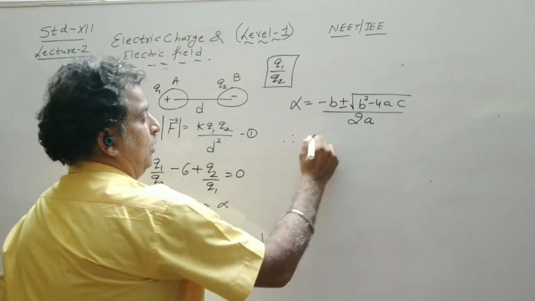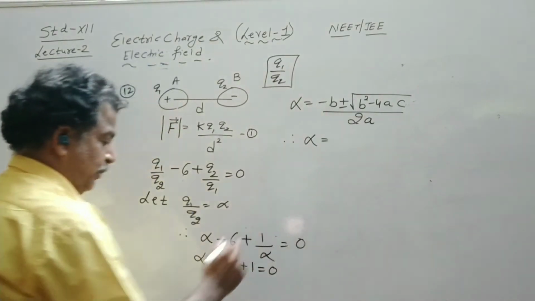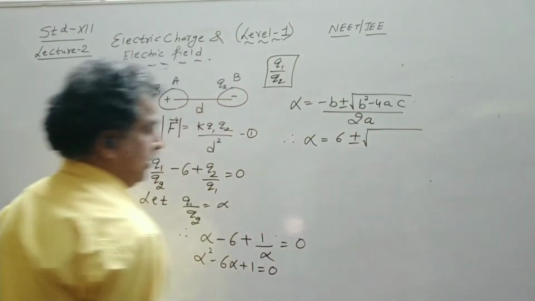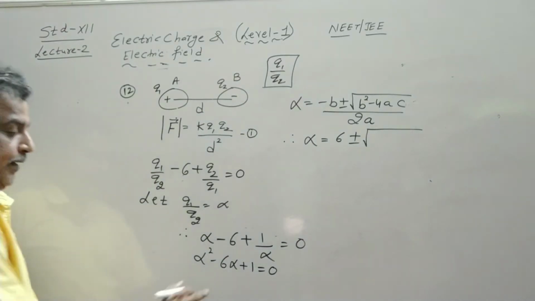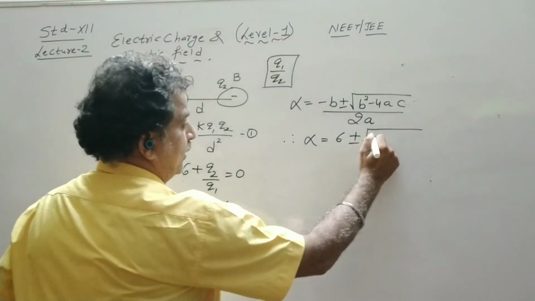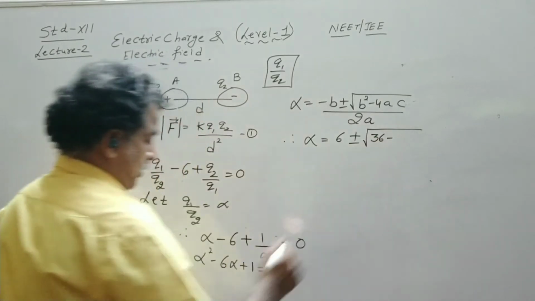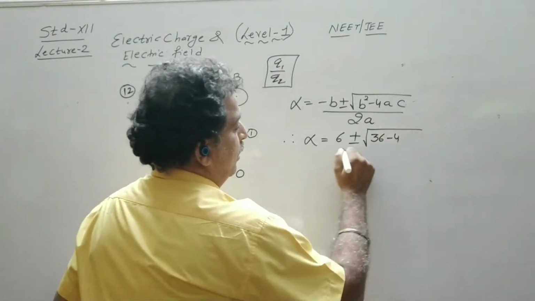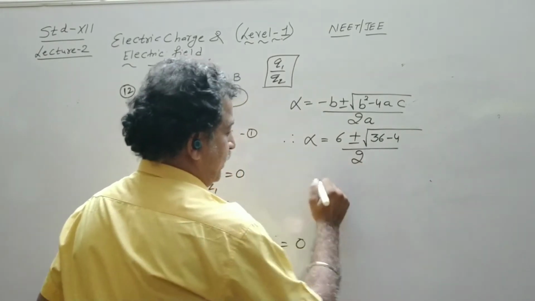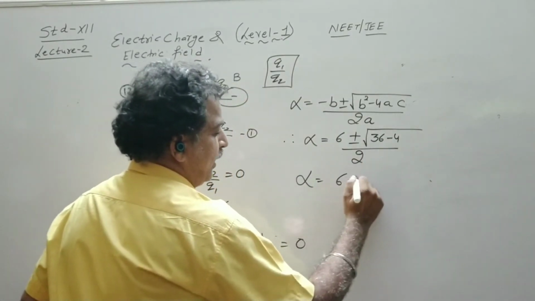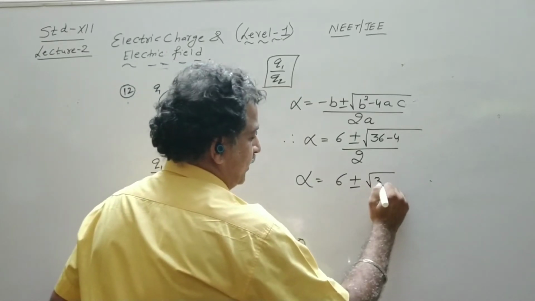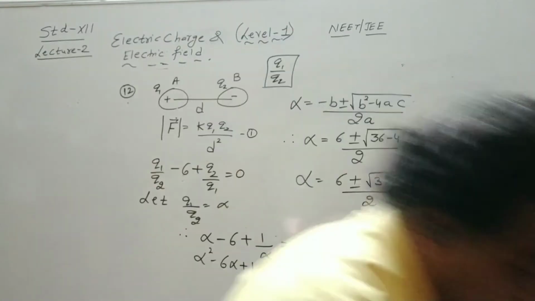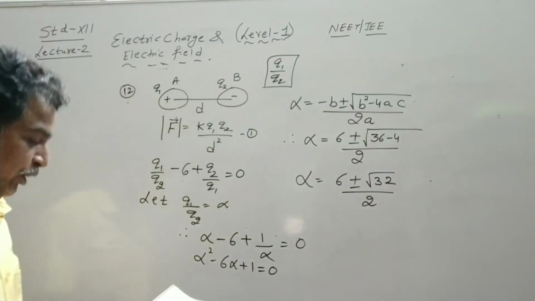Therefore alpha is equal to minus b, so minus 6 becomes 6, plus minus under root b square, that is 36, minus 4ac, where a is 1 and c is also 1, divided by 2a, where a is 1. So alpha is equal to 6 plus minus root 32 divided by 2. This is the value of alpha.